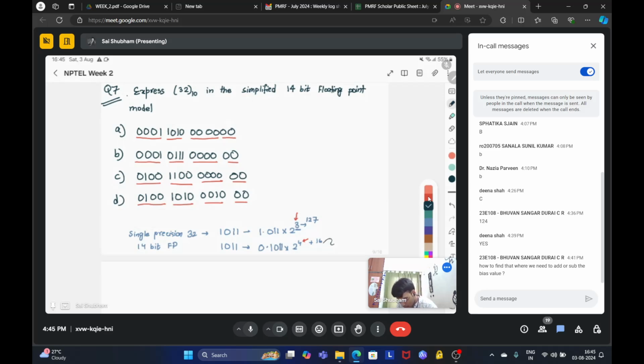For example, 16 is 1 followed by 4 zeros, but 127 is basically a string of all ones. So there is somewhat of a difference.